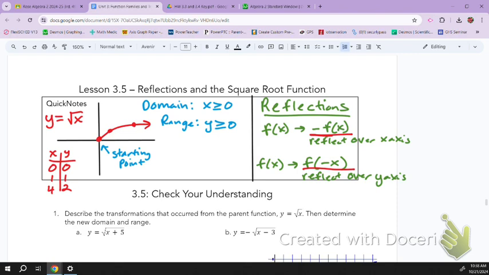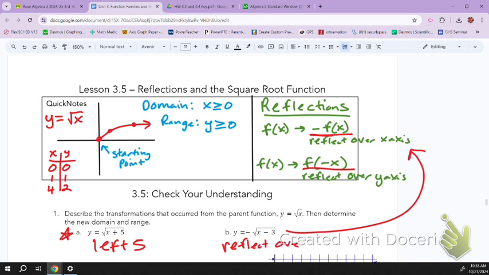What's happening in A? Left 5. That's it, left 5. What's happening in B? We've got a negative on the outside of the function. So remember, a negative on the outside of the function, we're going to reflect over the x-axis.